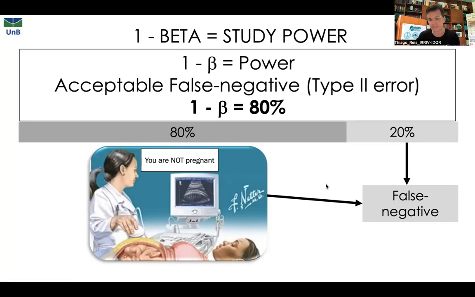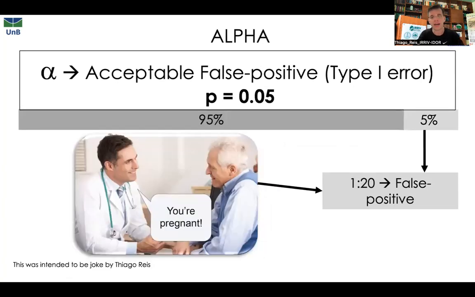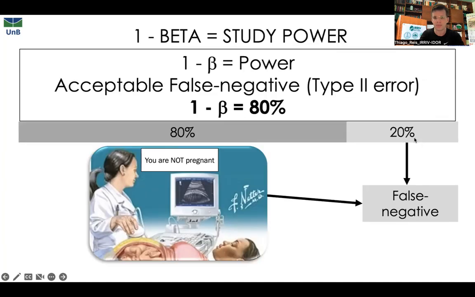And we also mention this as study power. 1 minus beta is 80%. So this is the study power. Beta then is 20%. The less beta, the higher the study power. And someone can ask me, so why alpha we put it at 5% and beta at 20%?